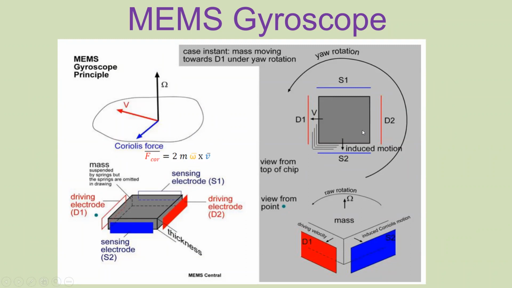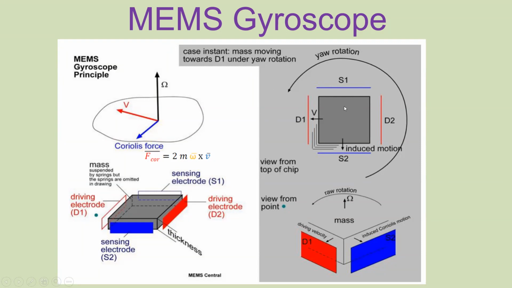This is the proof mass, right? And these are the two plates which cause this proof mass to move either in this direction or in this direction. So we have a rotation in this direction. From the right hand rule, the angular velocity is coming out of the screen.